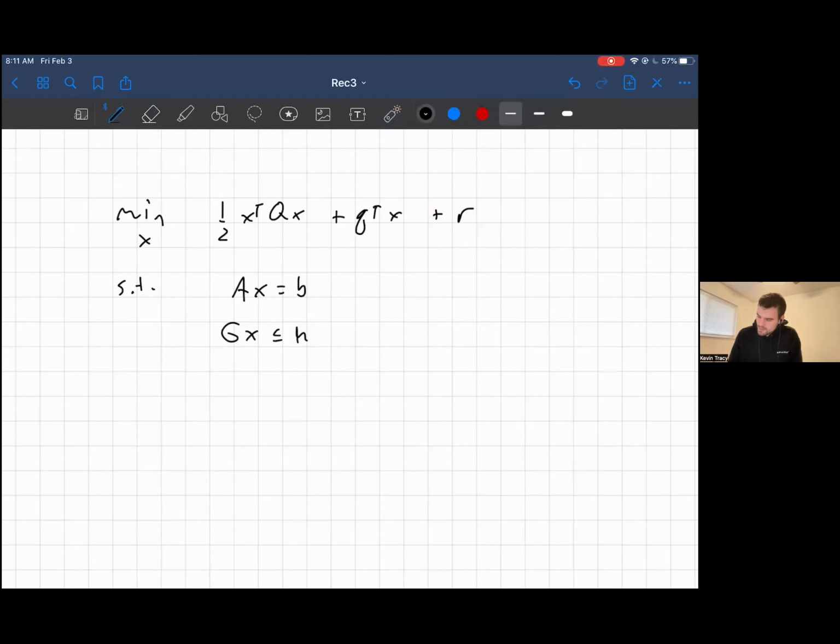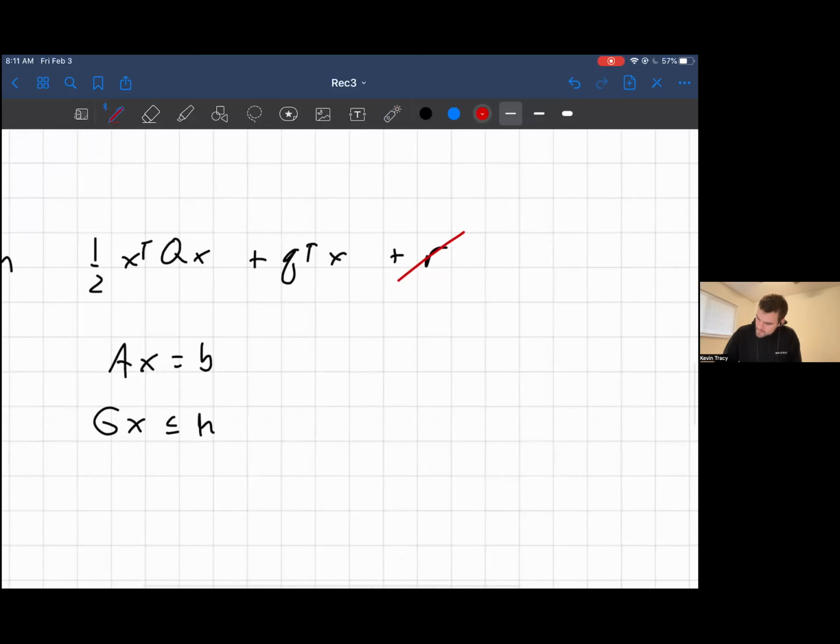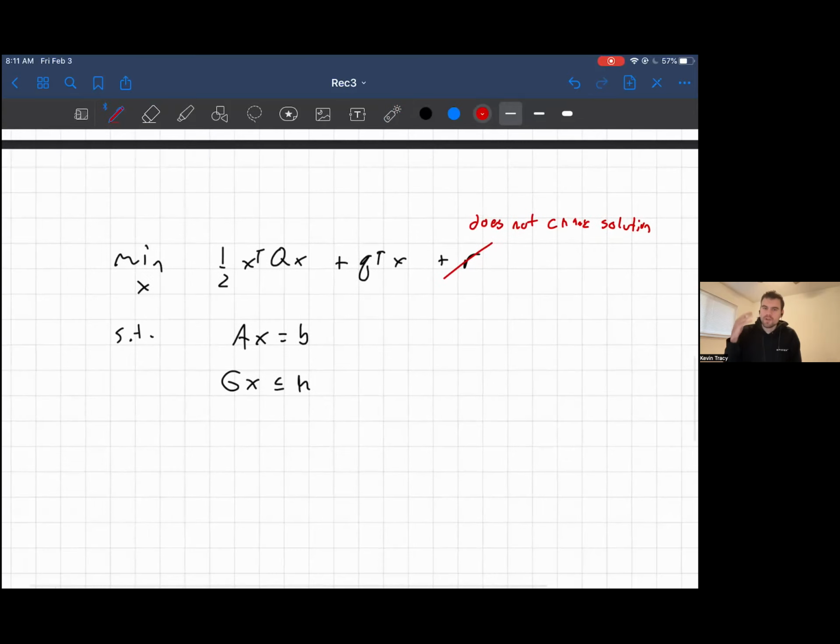So I'll just say, we don't have to write down stuff like that. It does not change the solution. So if you're ever reworking a cost function, which is something we're about to do, and there are terms in there that do not depend on the primal variable, you can forget those terms.